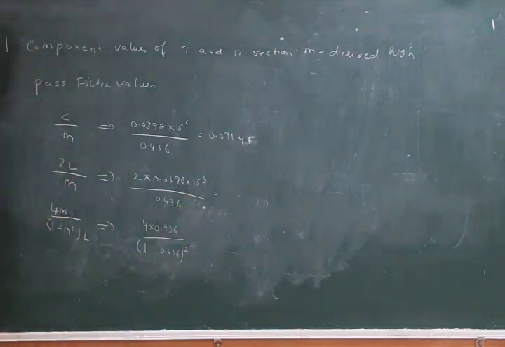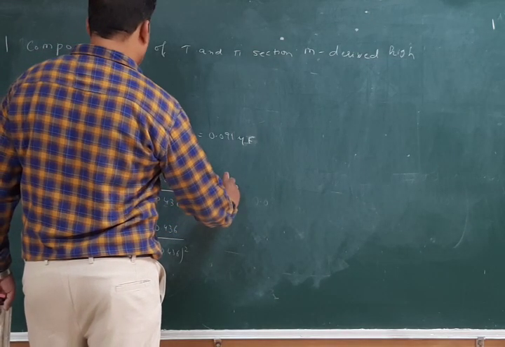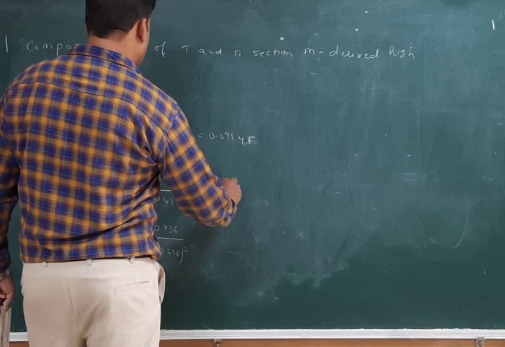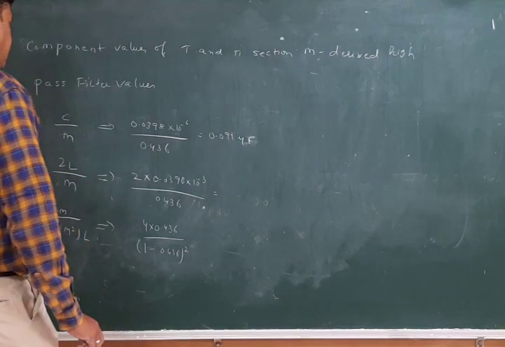Next, the 2L by m value, 2 into 0.091, which is 182.56 millihenry.